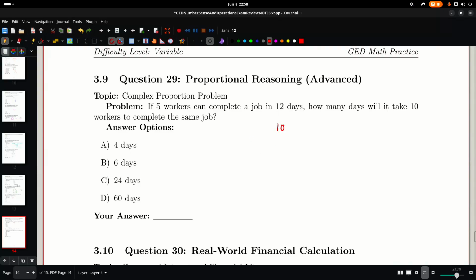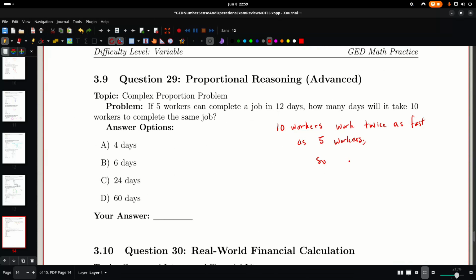So 10 workers work twice as fast as 5 workers. So if 5 workers complete the job in 12 days, then we can divide the amount of time that it takes by 2.